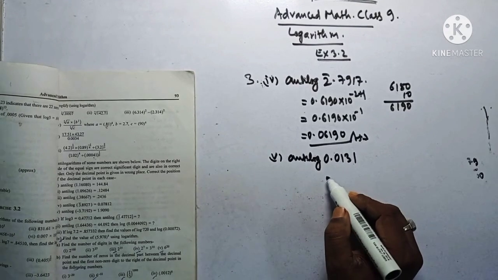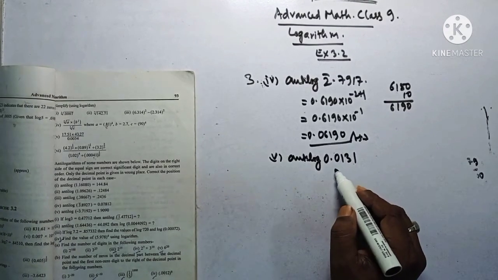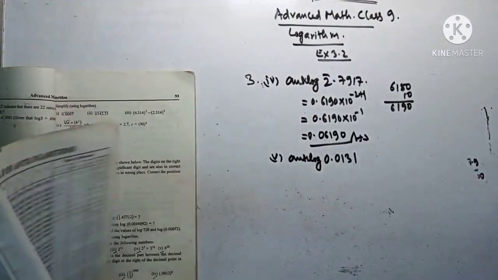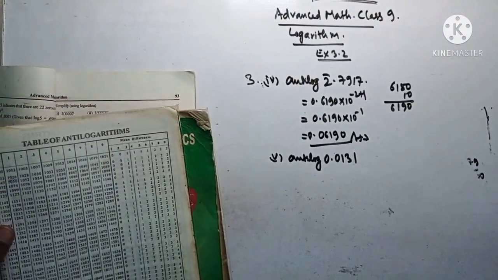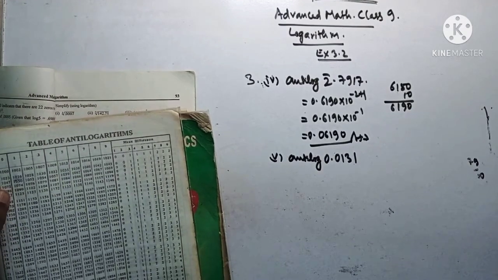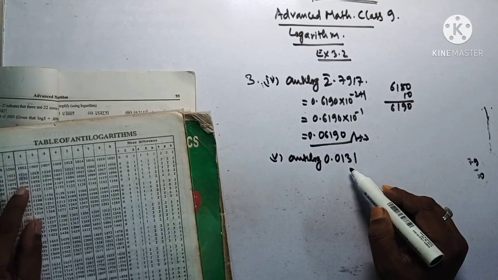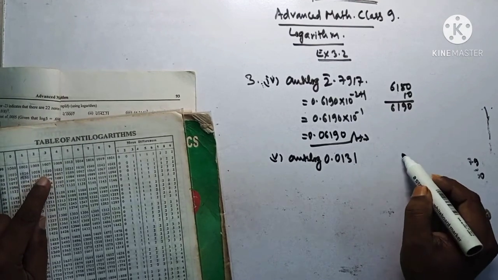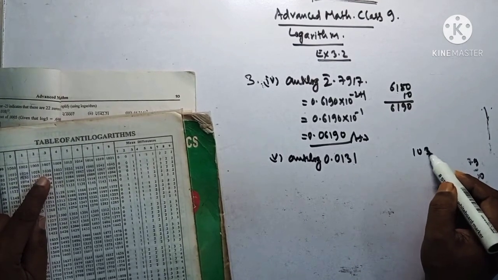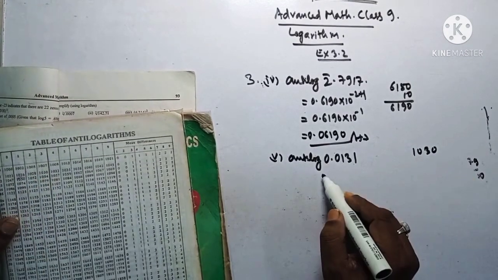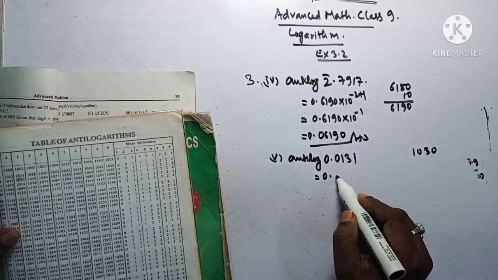So now question number 5, again you have to find the anti-log of 0.0131. So you have to go 0.01 anti-log, 0.010, 0.013, it is 1030, and your mean difference 1 is your 0, so this will be equal to 0.10.